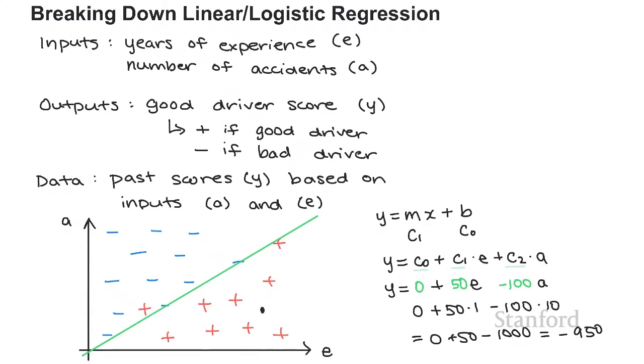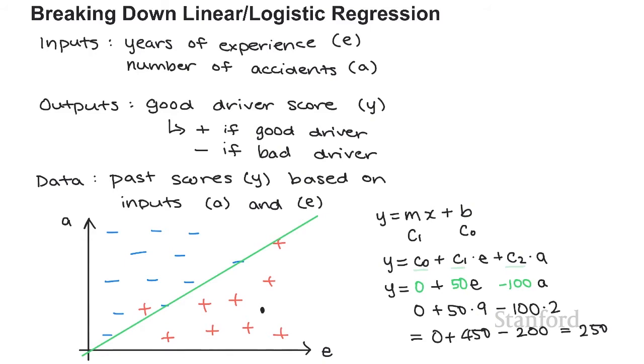So the equation would be 0 plus 50 times 9 minus 100 times 2, which is equal to 0 plus 450 minus 200, which is equal to 250. And this number is positive, which means that this should be positive as well.